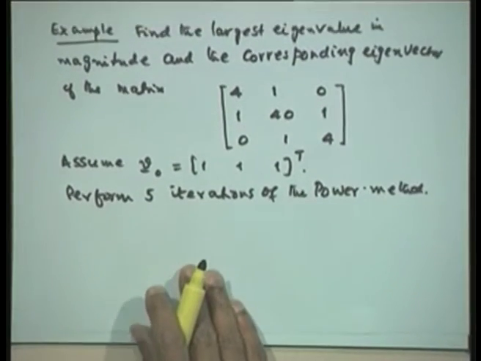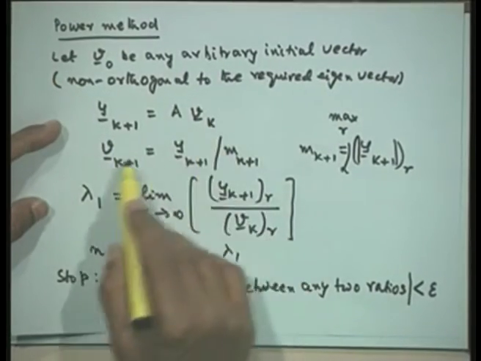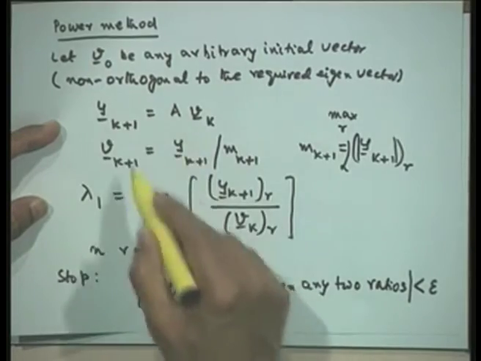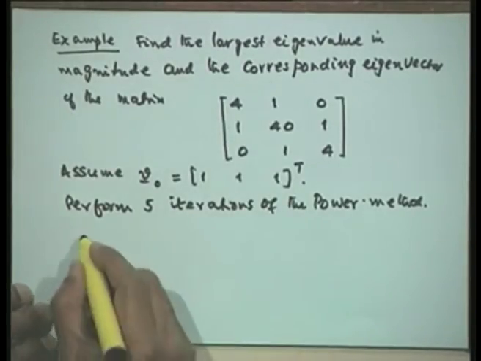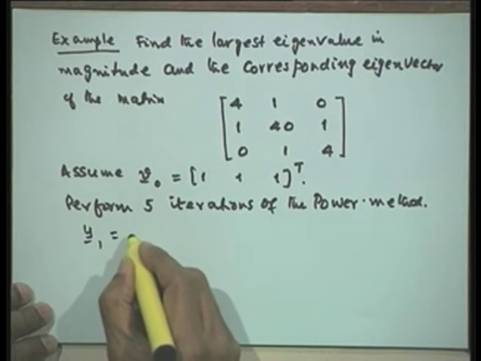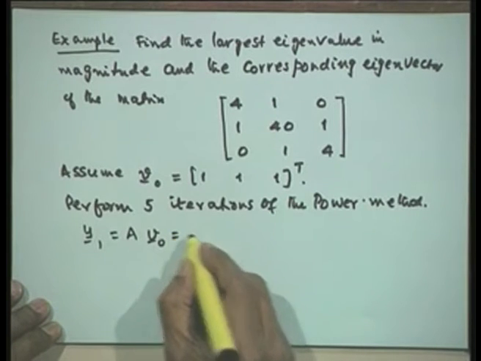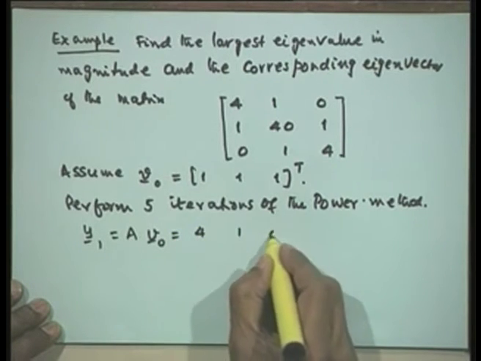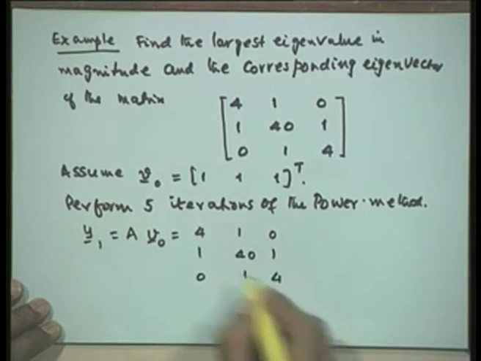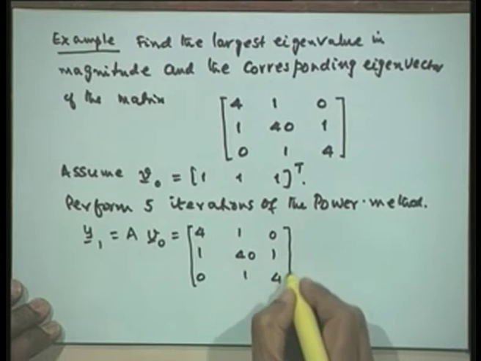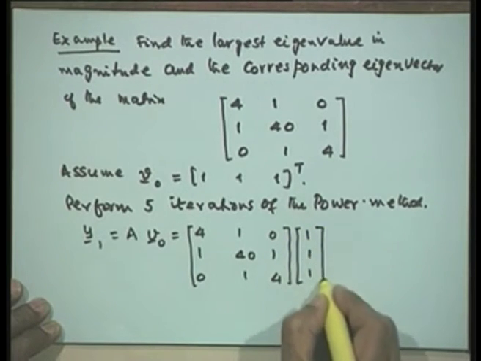Let us write down the first step. The first step would be to write y 1 equal to A V 0, normalize it, and then repeat this procedure until the 5 iterations that are required. So, we start with y 1 equal to A into V 0. Therefore, that will give us the matrix 4 1 0, 1 4 1, 0 1 4 times the initial vector 1 1 1.